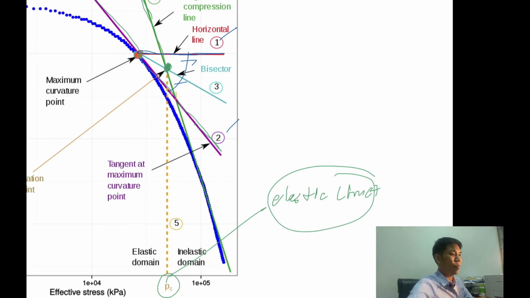Okay, we go back to this one. Firstly, draw line number 1, draw line number 2, draw line number 3 as the bisector, and draw line number 4. Here is the pre-consolidation pressure of your test.